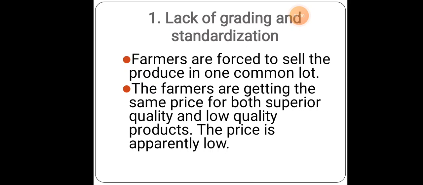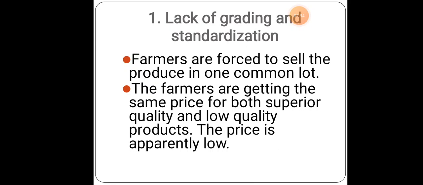So farmers are forced to sell the produce in common, all mixed together. What does it mean? If you have 10 tons of rice or paddy, you should sell it to the middlemen at a lesser amount. Why? Because of the lack of grading and standardization.